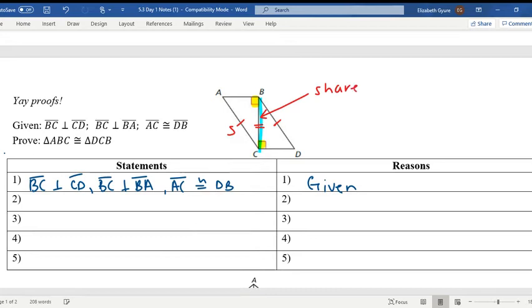Shared side is always congruent to itself. So we have another set of congruent sides here. We have a set of congruent sides with BC, and a set with AC and BD. Colin pointed out to us those are the hypotenuses, right?